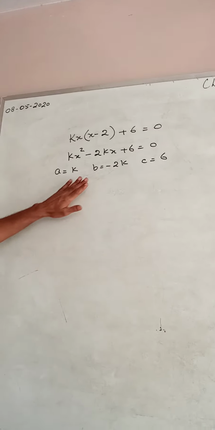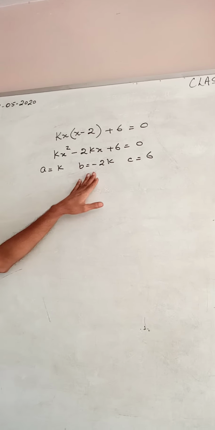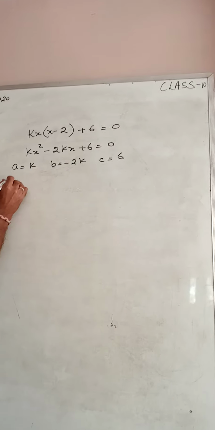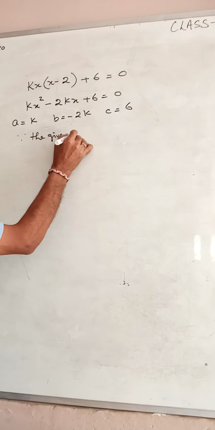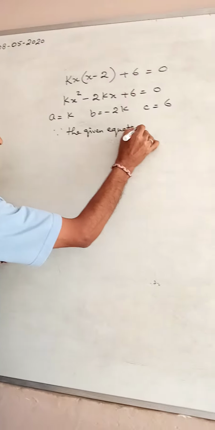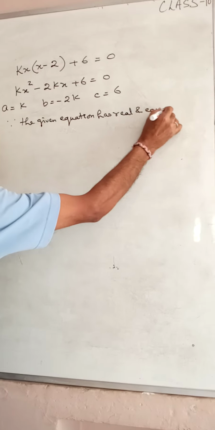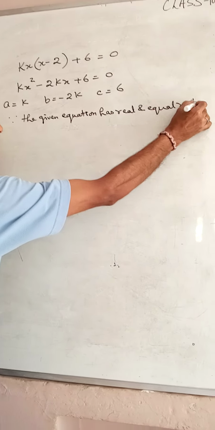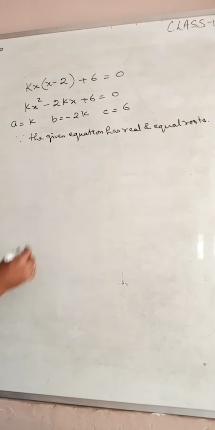Now I have to find the value of k, and the question says it has real and equal roots. Now we need to write, since the given equation has real and equal roots. Now what happens when the equation is given to have real and equal roots?